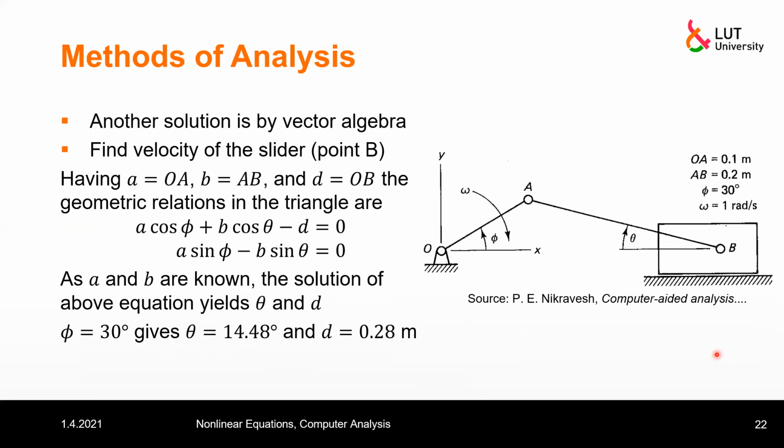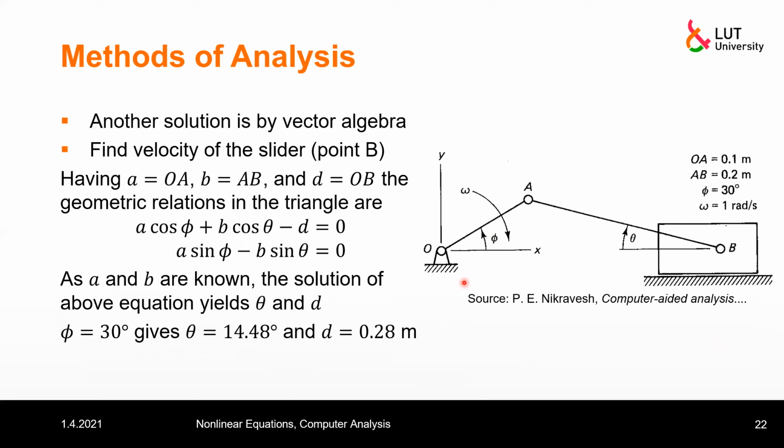Okay, so methods of analysis. We want to solve it using vector algebra. You have already seen this in an example in the Newton-Raphson section. So we have some kind of mechanism, and then we need to write some constraint equations.